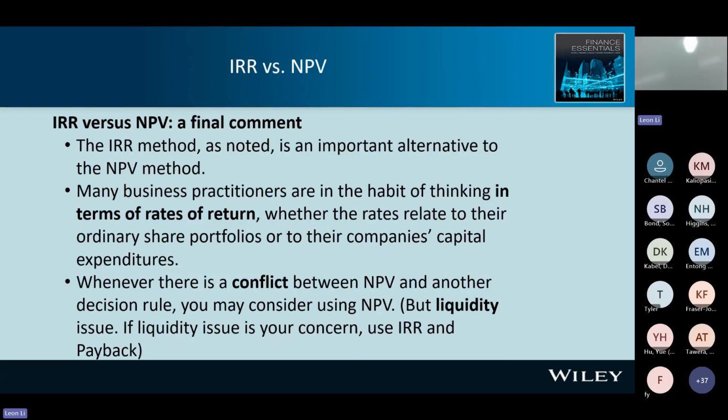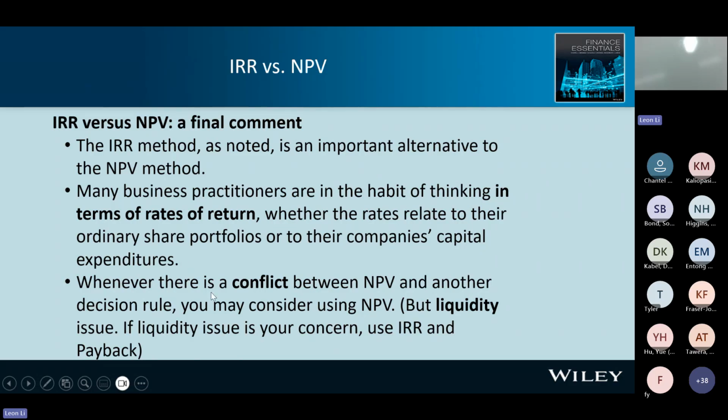So let's review a final comment on IRR versus NPV. IRR method, as noted, is an important alternative to the NPV method. Many businesses are in the habit of thinking in terms of rate of return and whether the rate relates to their ownership portfolio or to the company capital expenditure, right?